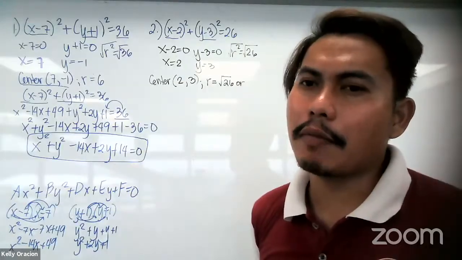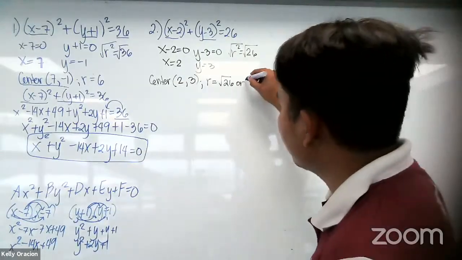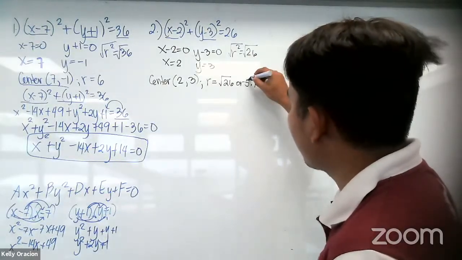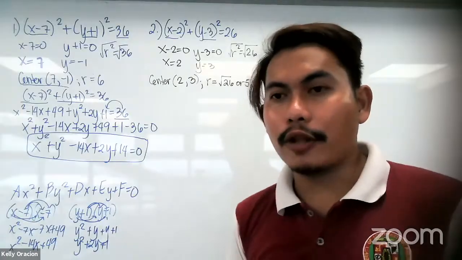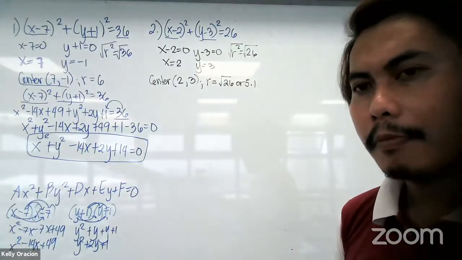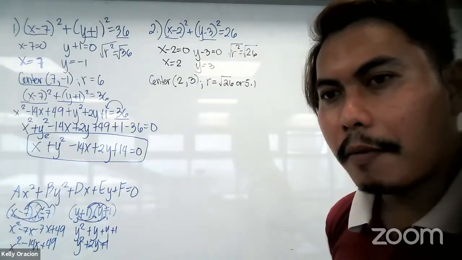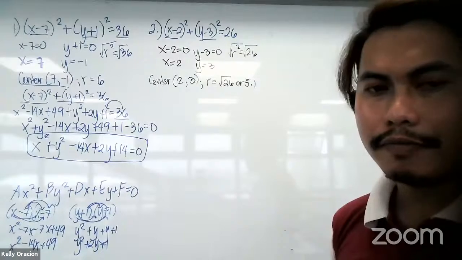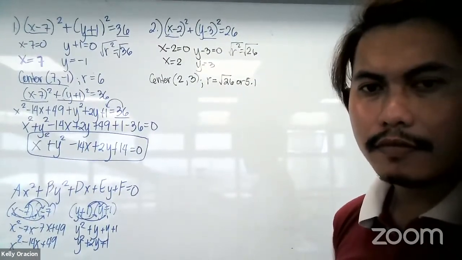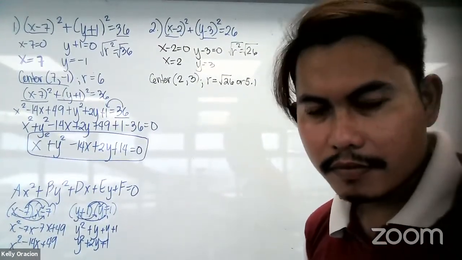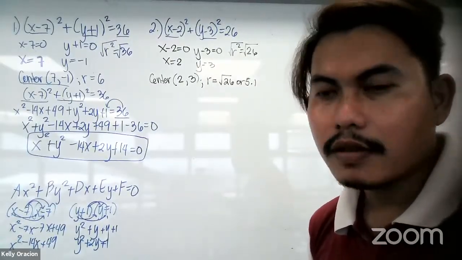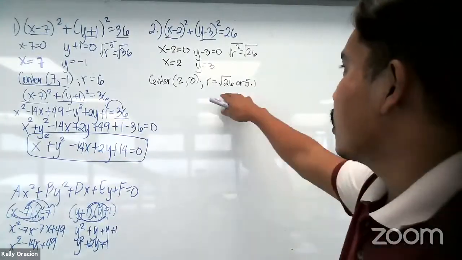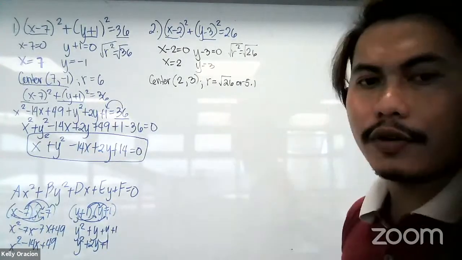Square root of 26 in decimal form is 5.09 something. Let's have 5.1. Am I correct? Yes, sir, 5.099. Okay, thank you for the confirmation.